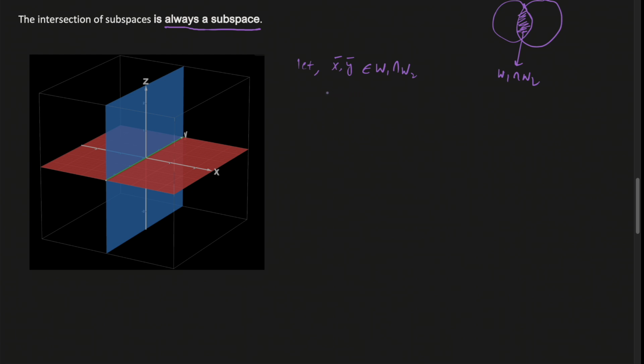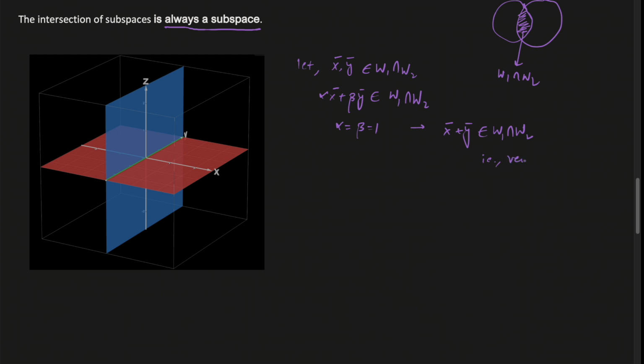That is, alpha times x plus beta times y should belong to W1 intersection W2, right? If we take alpha and beta as 1 for simplicity, this implies that the vector sum, x plus y, should belong to W1 intersection W2.